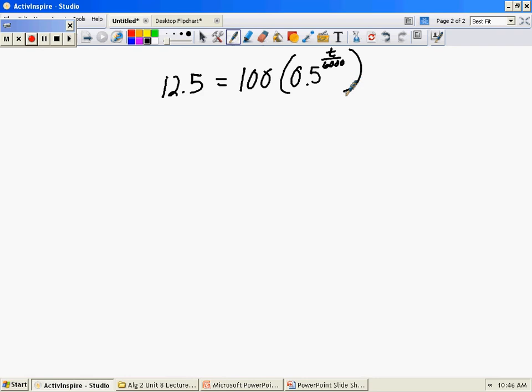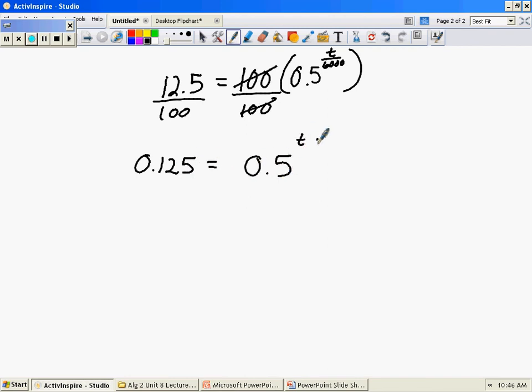Okay, so now before I can do the log form, I need to get that 100 out of there, so it's just a number being raised to a power instead of a number being raised to a power times another number. So how would I get rid of this 100? Divide it out on both sides. So that's going to give me 0.125 equals 0.5 to the t over 6,000.